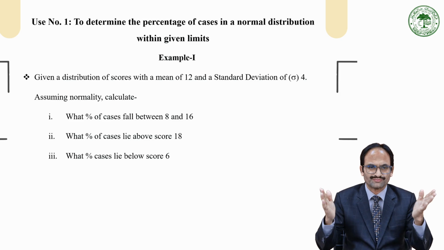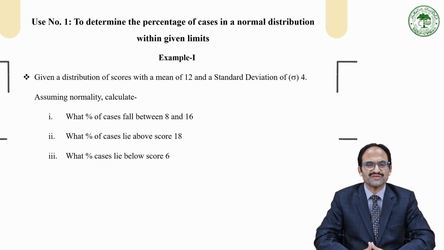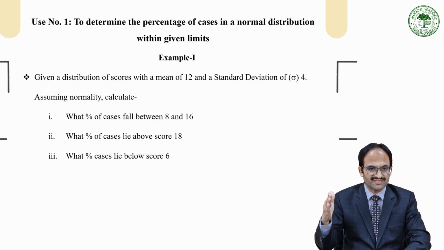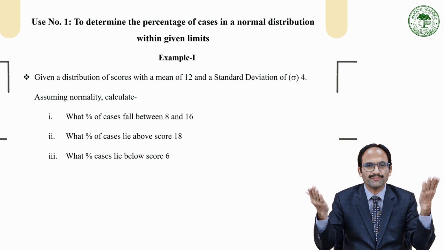So the first example: given a distribution of scores with a mean of 12 and a standard deviation of 4, assuming normality, calculate what percentage of cases fall between 8 and 16, what percentage of cases lie above score 18, and what percentage of cases lie below score 6. Let me repeat the problem.